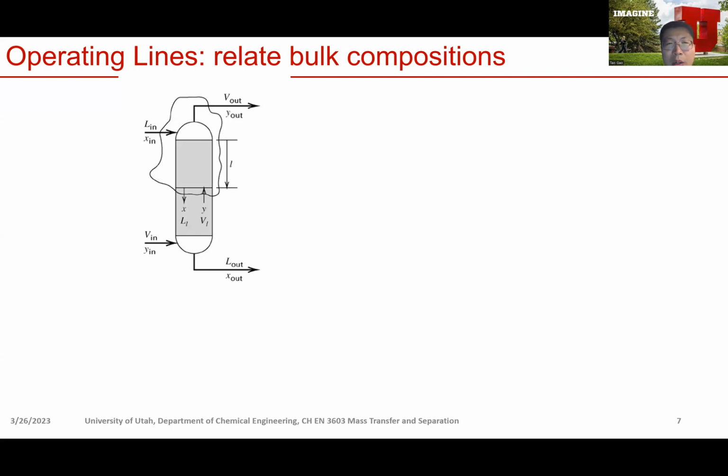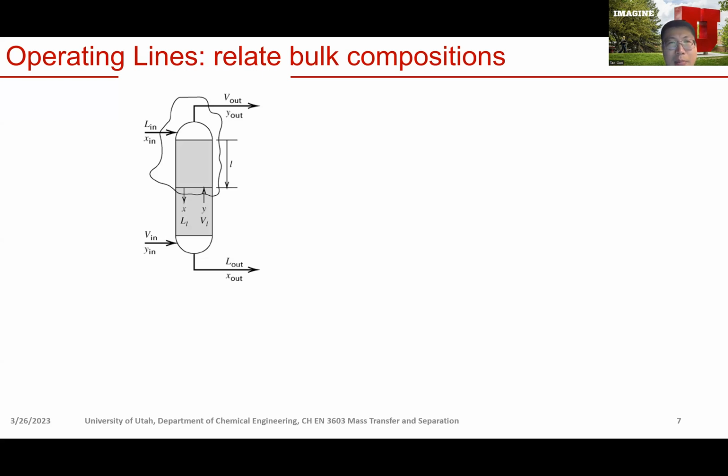One denotes the bulk composition, the other denotes the interface composition. We also need to have two compositions to denote the liquid phase. And we know at the interface, the vapor is in equilibrium with the liquid. So we can basically correlate the vapor phase composition with the liquid phase composition at the interface using equilibrium, right? If you know the K value, you can relate them.